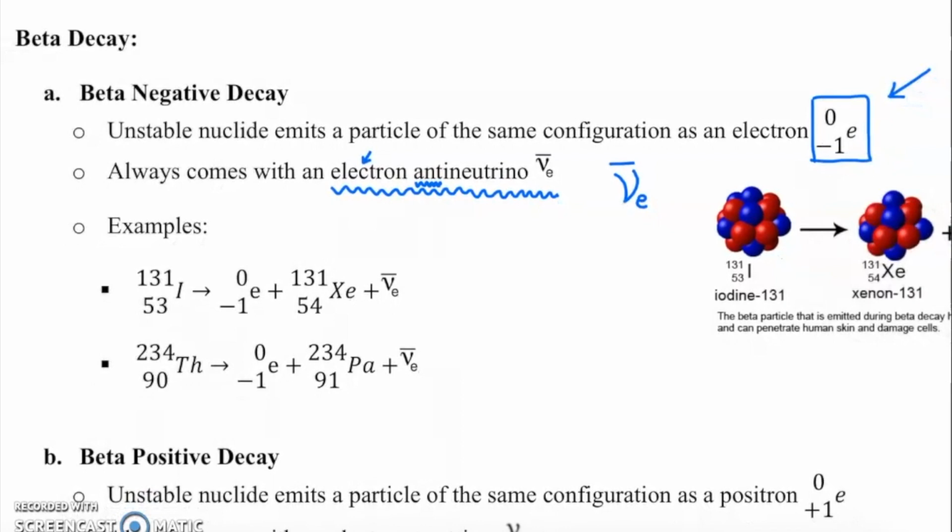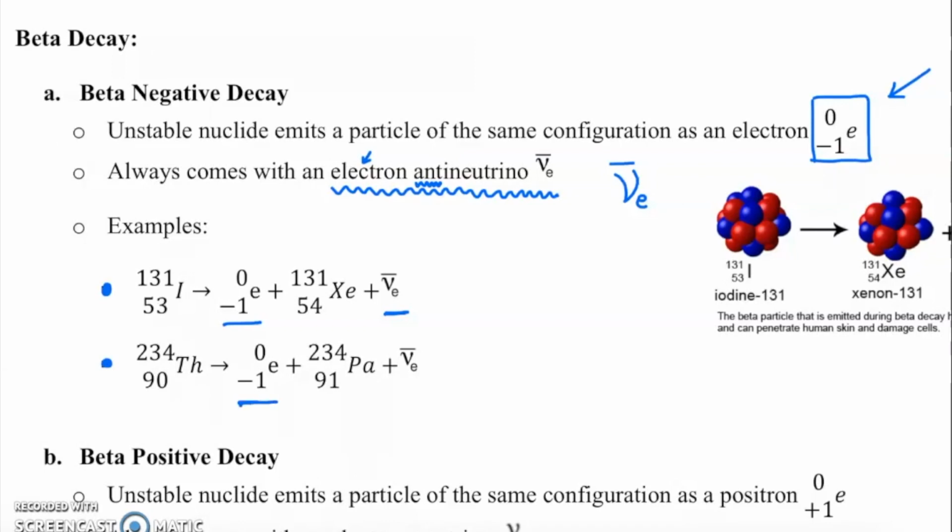A few examples of beta negative decay. Here we have iodine-131. That's going to undergo beta decay, releasing that electron or beta negative, an anti-electron neutrino, and xenon. Or thorium-234 undergoing beta decay.